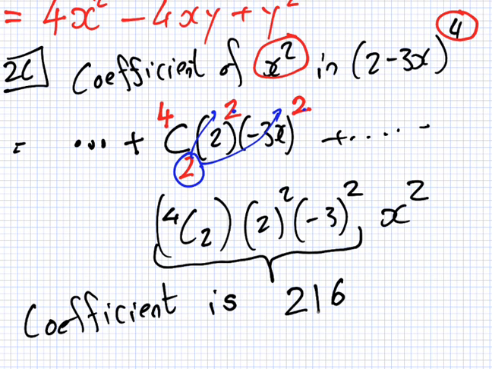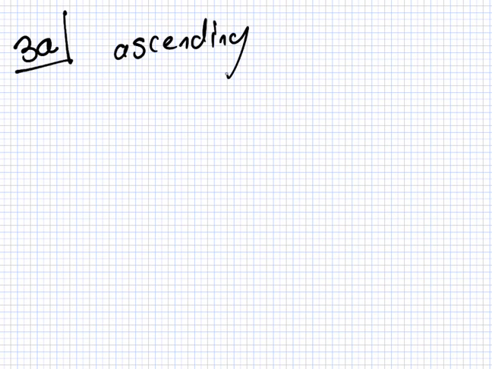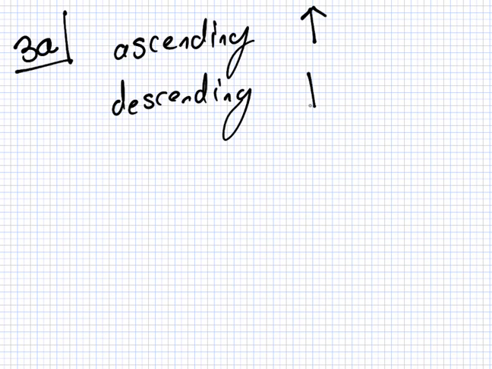So going down now, another example. 3A. What does the word ascendant mean? Going up, and descending is going down.